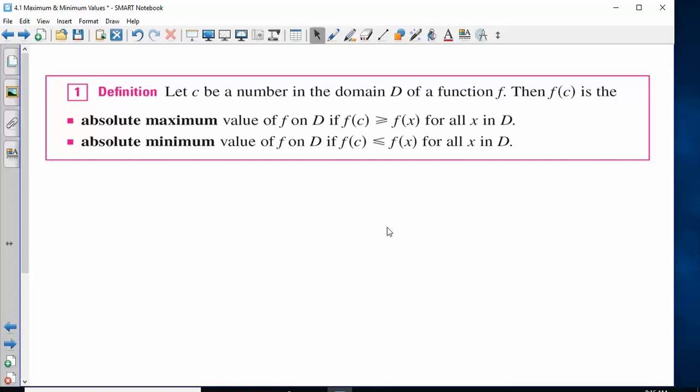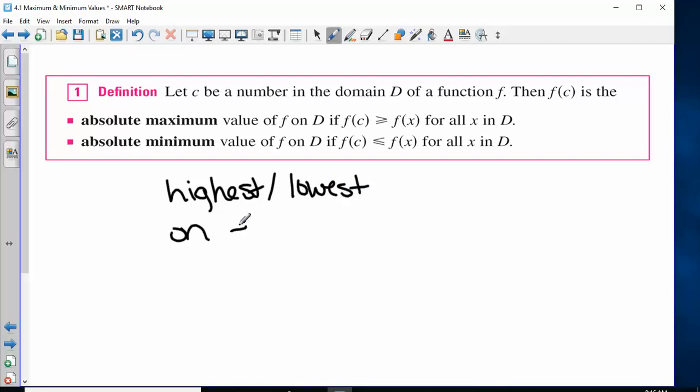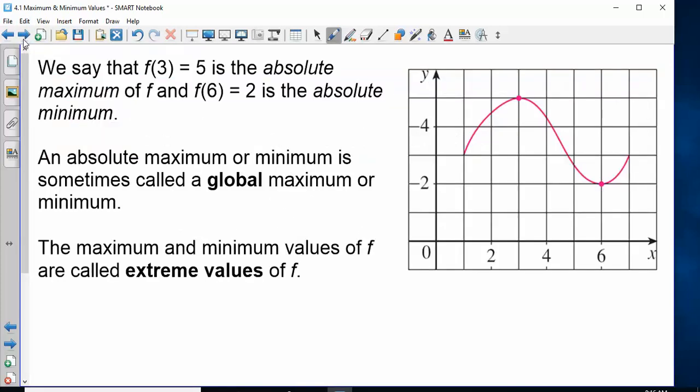So when I talk about absolute, that is the actual highest or lowest on the entire graph, not just one particular area of the graph, but the entire thing. These are sometimes called global maxes or mins.